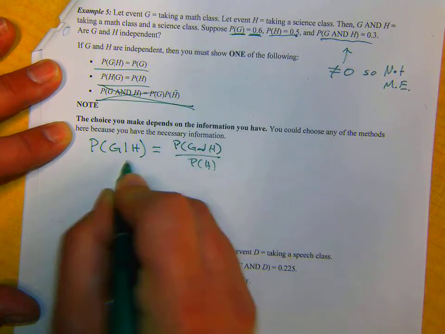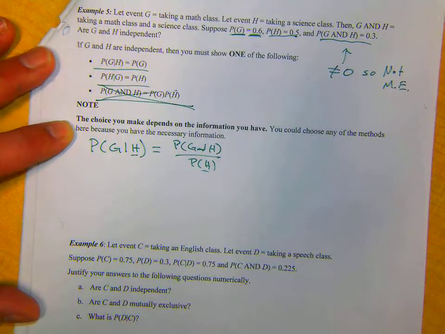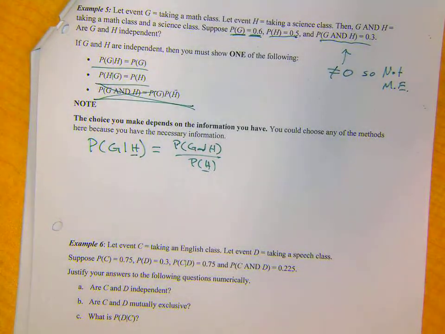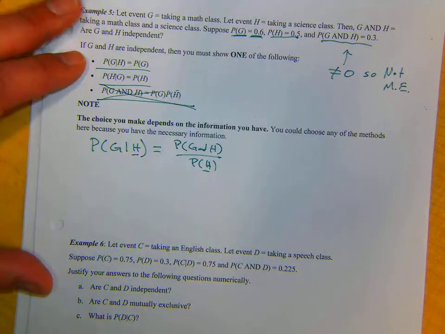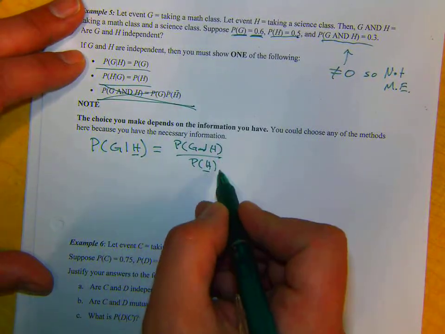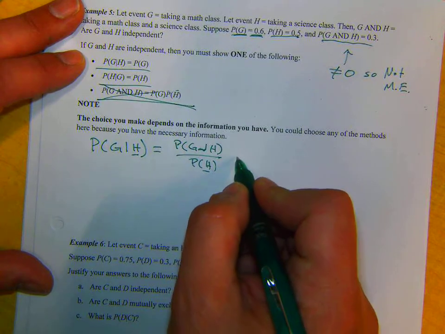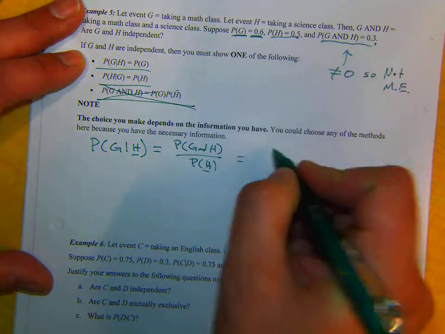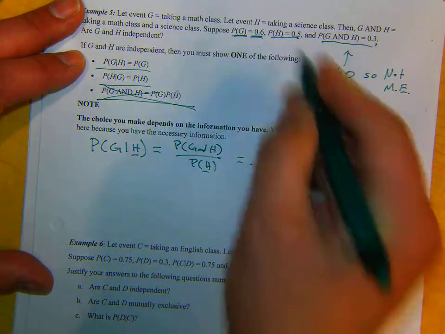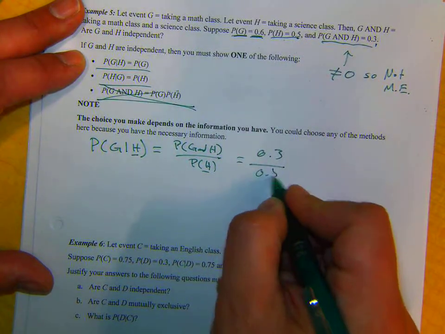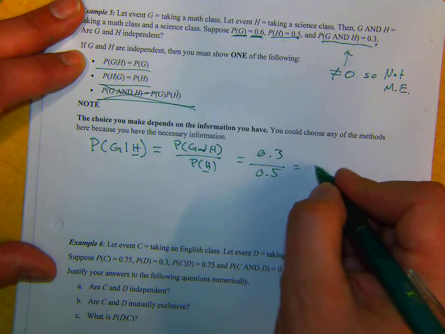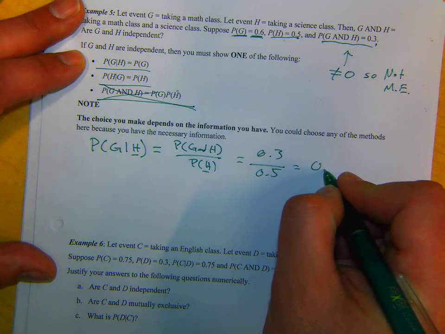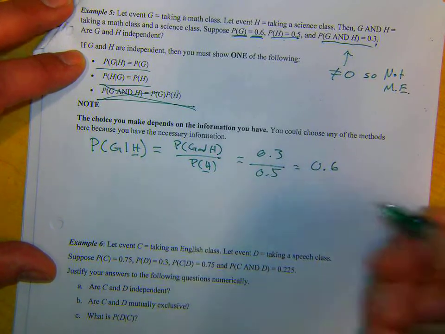P of H, because H is in the bottom there. It doesn't matter how you write that top one; the order doesn't matter up there. Do we have these 2 probabilities in our above statement? Yes. The probability of G and H is 0.3, and the probability of H is 0.5. If we divide those, we get 0.6.